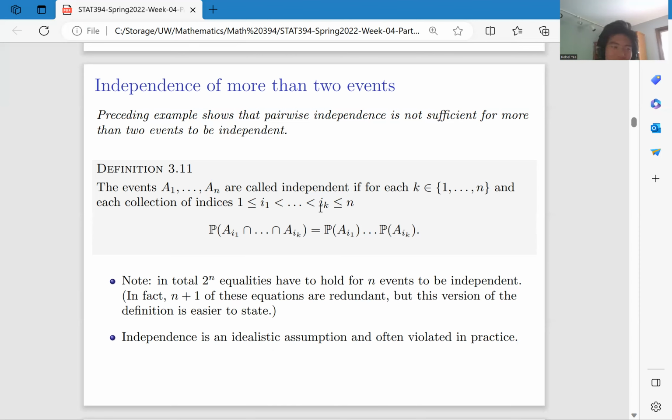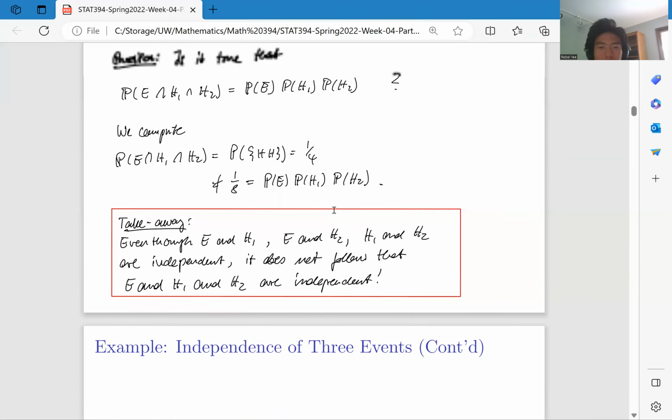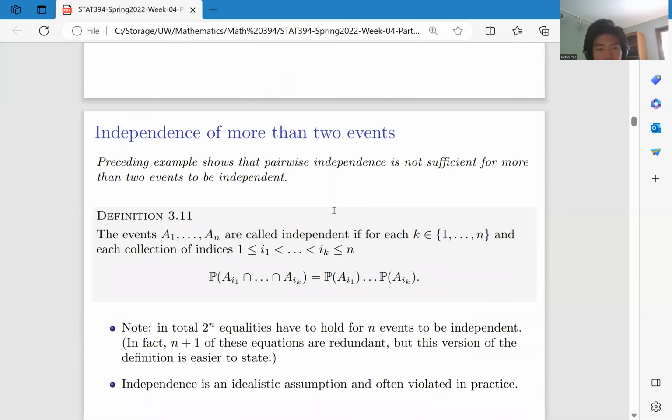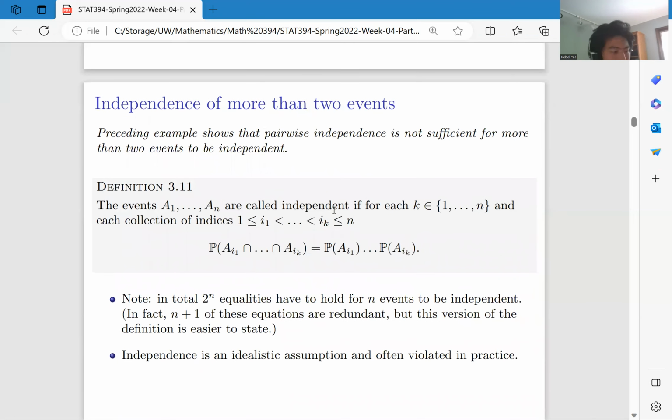So that's the difference between idealistic independence in mathematics and what the real case is. That's a big difference. What we are doing today is to get a sense of what independence is once we define it using the wisdom of mathematics. But in realistic research, you might not find it really helpful.